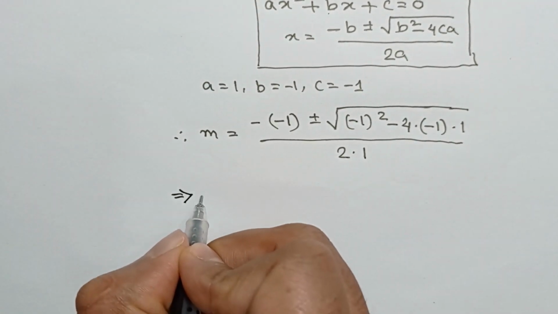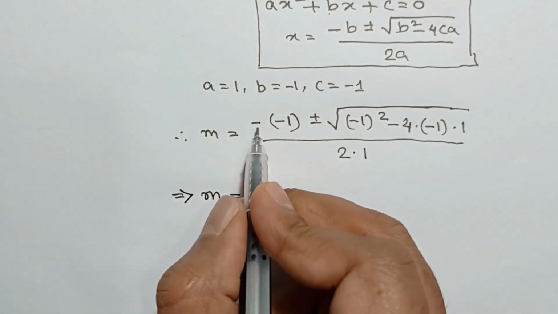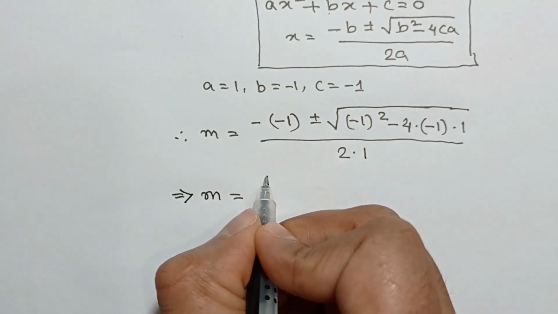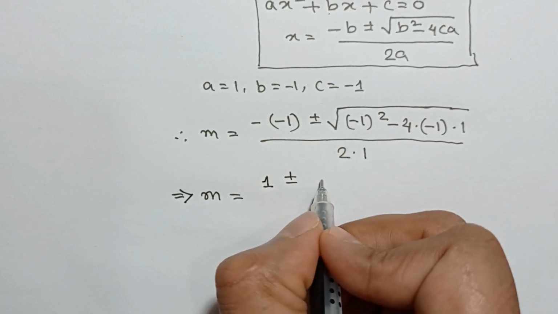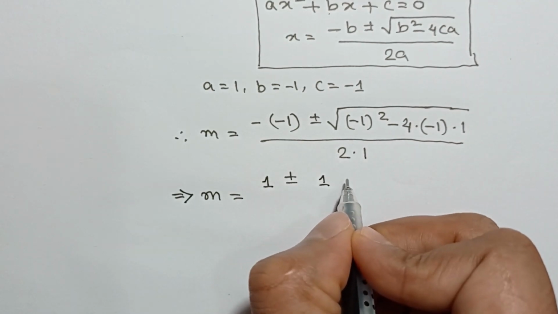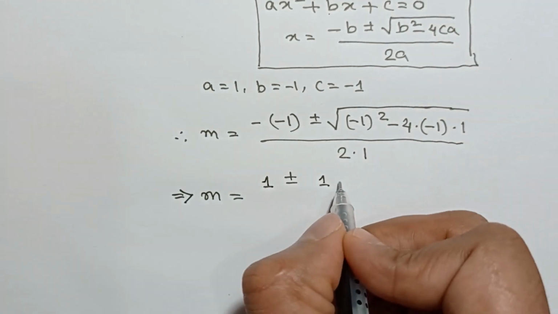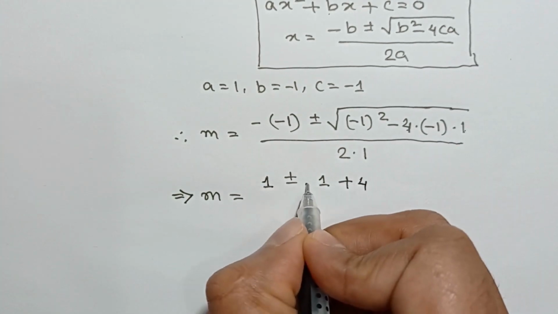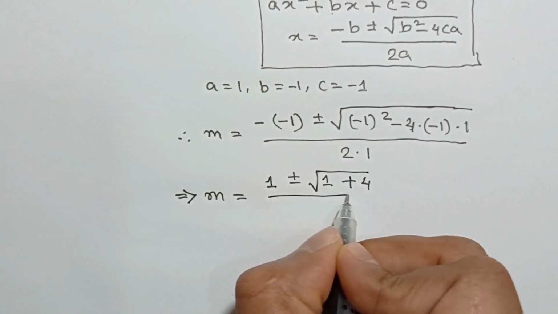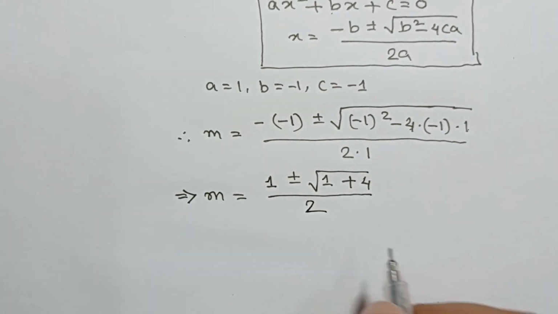Or m is equal to negative negative, it will be positive 1, plus or minus square root of negative 1 whole square is equal to 1, minus 4 times 1 times negative 1, negative negative will be positive 4, divided by 2.